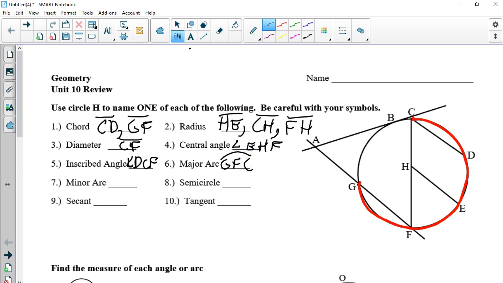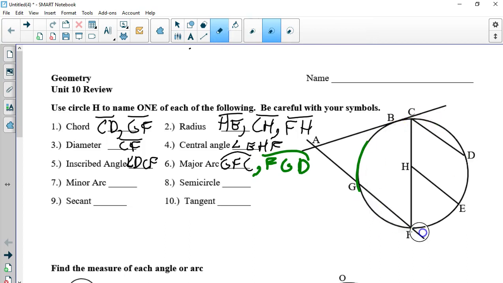Or you can replace the F with E or D. Alright? That's just one. I'm not going to do all of them, obviously. Too many to do right here, but just start anywhere. F, go around, semicircle here, just keep going past. FGD. And put an arc mark over. That's all. So, tons of choices here.